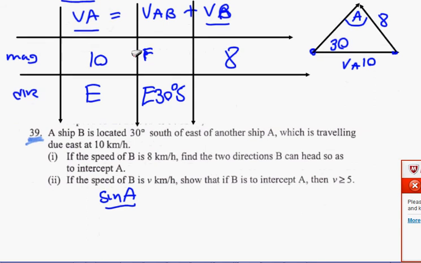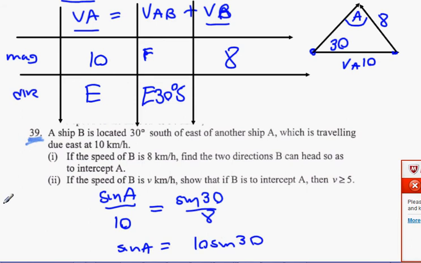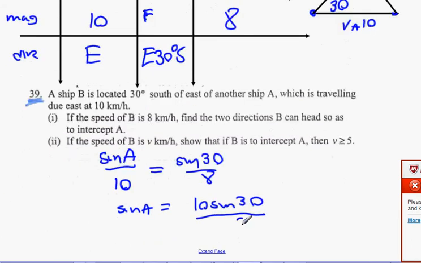So it's going to be sine A over 10 equals sine 30 over 8. Now, find out what sine A is. Sine A is going to be 10 sine 30 all over 8. And what happens there when you put that in the calculator? What's sine A equal to?